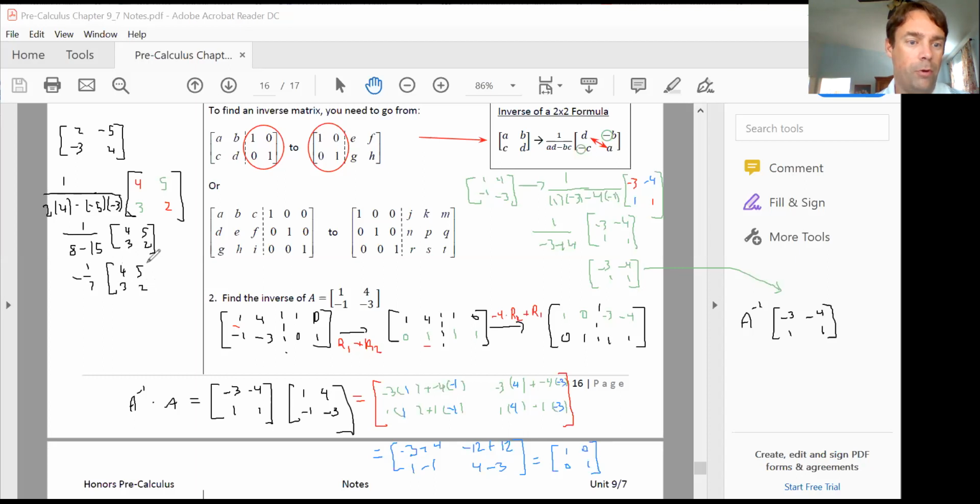And now when we throw in our scalar into it, we get -4/7, -3/7, -5/7. These are all 7s in the denominator, by the way. And -2/7.